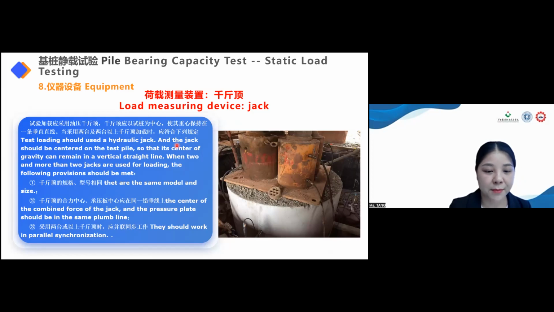They are the same model and size. 2. The center of the combined force of the jack and the pressure plate should be in the same plane line. 3. They should work in parallel synchronization. The jack.